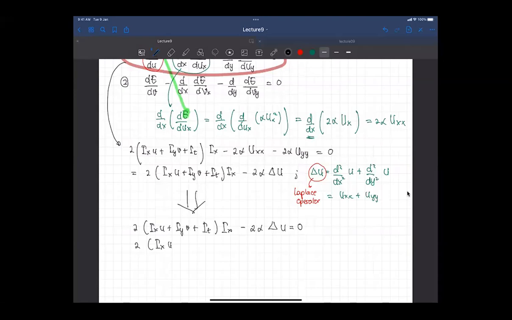And number 2, (Ix u plus Iy v plus It) Iy minus 2 alpha delta v equals 0. It reminds you of something, right? It reminds you of Lucas and Kanade. But again, this has to be solved globally, and we cannot follow Lucas and Kanade to solve this.